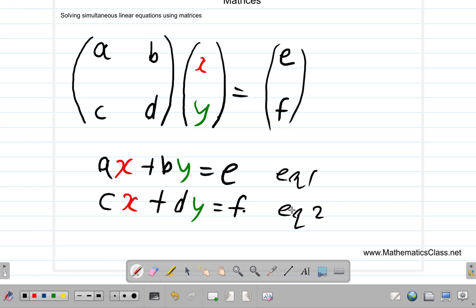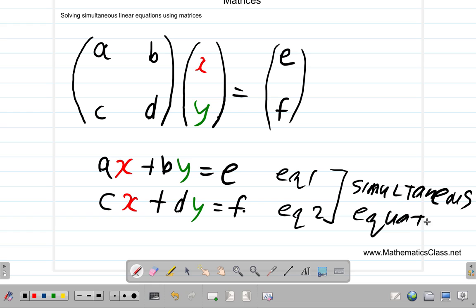So, in this case, you would start with the simultaneous equations and you go this way. You write the simultaneous equations in matrix form. So these are the simultaneous equations. And this up here is the matrix form of the simultaneous equations.